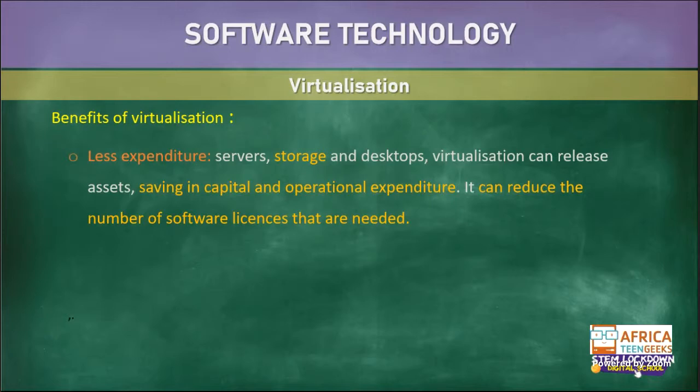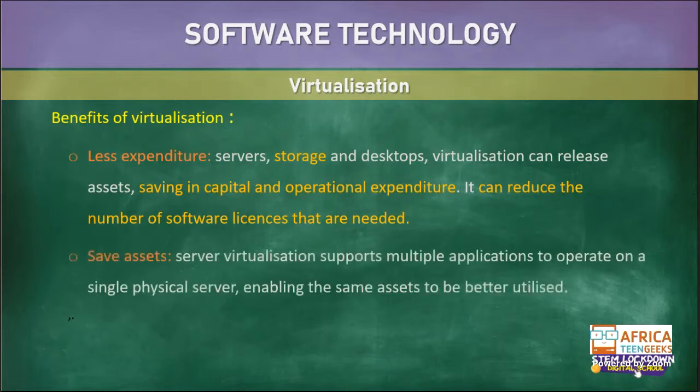Then it can reduce the number of software licenses that are needed because you can use it to share software. Instead of having to purchase individual licenses, you are able to just share on a virtual machine, and then you save money as well. So it has that advantage of giving you less expenditure in terms of the money used, right?